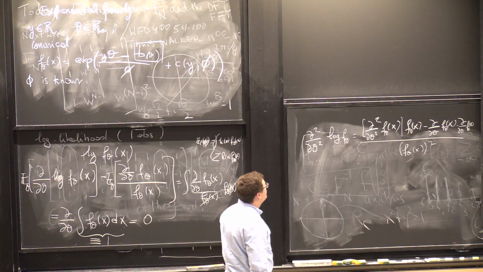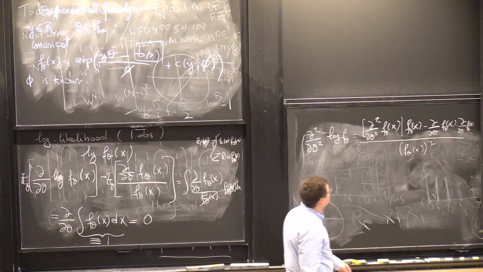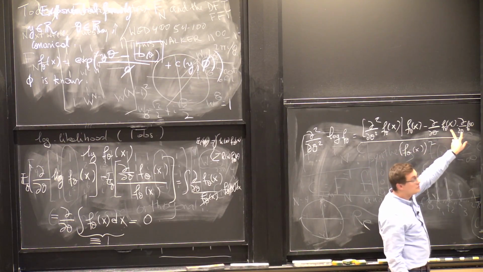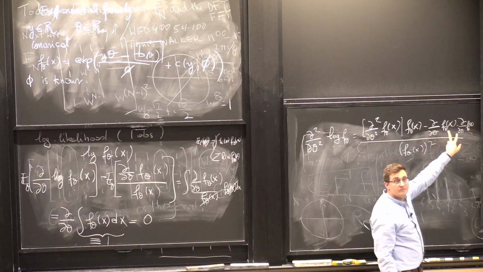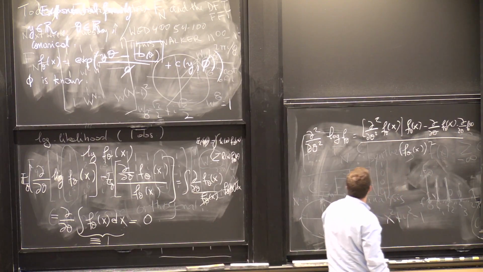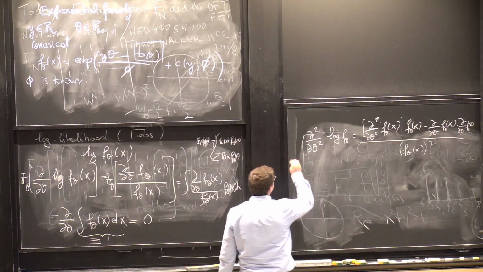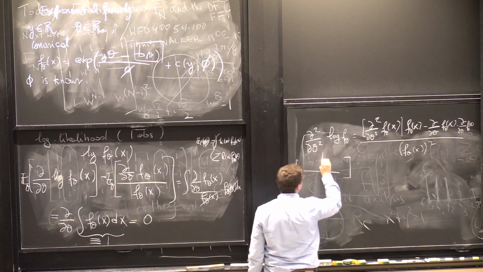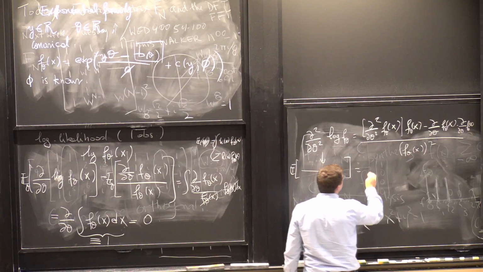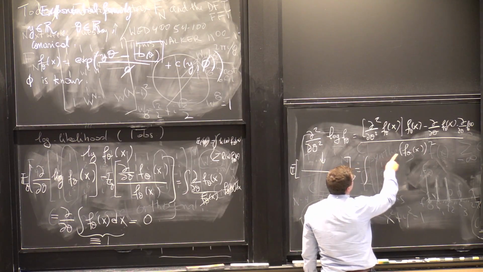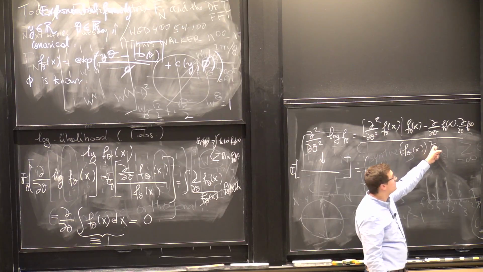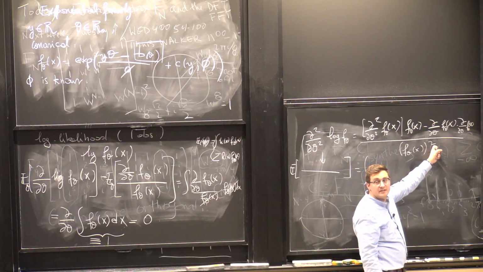OK? So here I have the second derivative times f itself. And here I have the product of the first derivative with itself, right? So that's the square. So now I'm going to integrate this guy. If I take the expectation of this thing here, what I get is the integral. The only thing that's going to happen when I take my integral is that one of those squares is going to cancel against f theta, right?